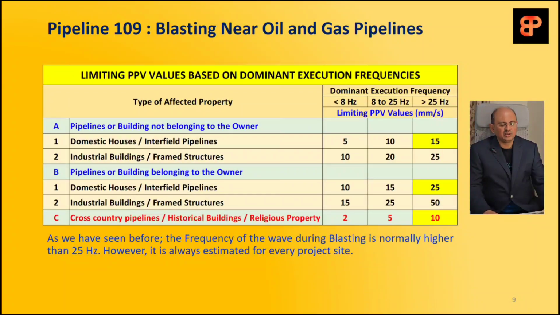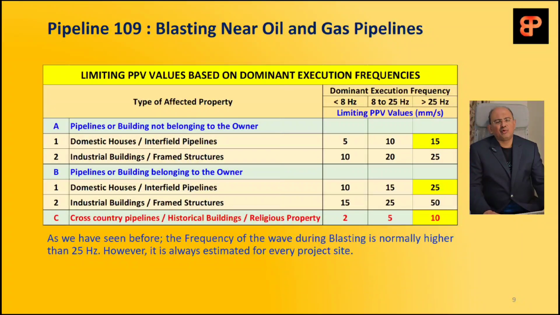So I will just tell you the three types there are. One is pipelines or buildings not belonging to the owner. So you are doing the blasting where a third party is running their pipelines, or buildings, domestic houses or interfield pipelines are there. In that case, the PPV limits are specified here in this table. Industrial buildings and frame structures, which are better designed, having stronger design, will allow slightly higher velocities.